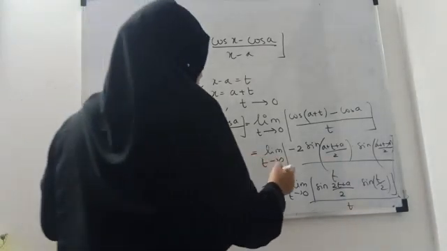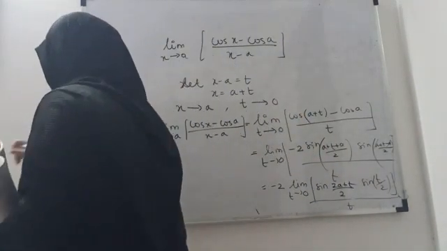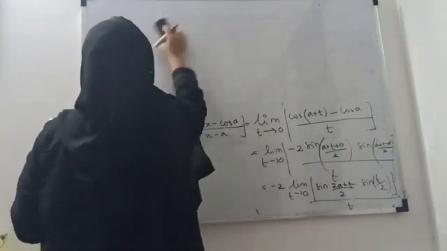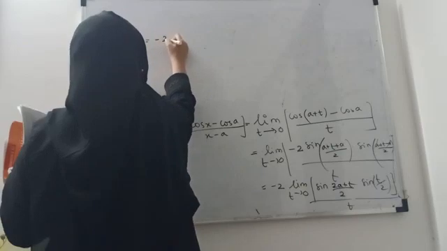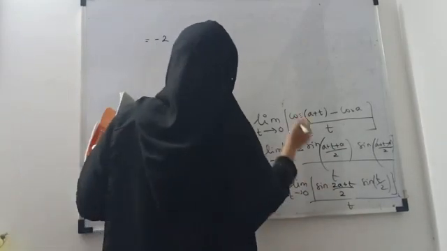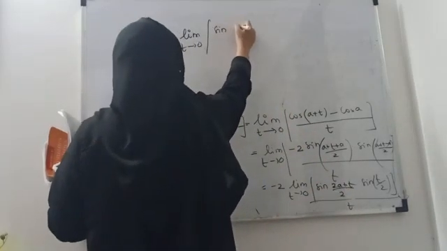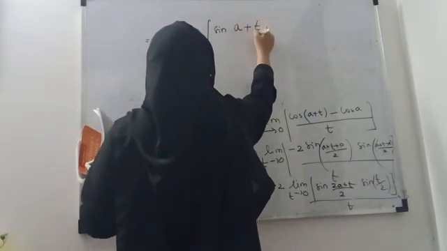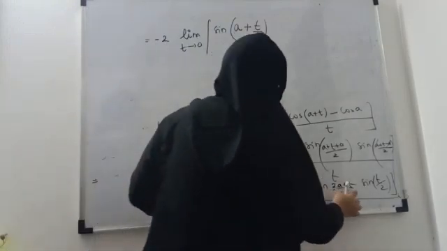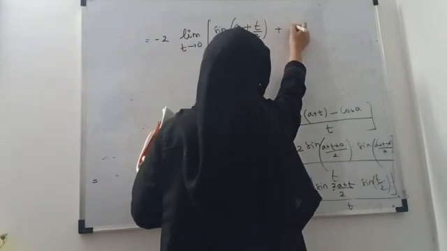Here this is 2a and t. Okay. Now we will simplify it. So this is equal to minus 2 times limit t tends to 0. Now here it is sin, this 2 will get cancelled, a plus t upon 2. Right? If you separate it, then it will be a plus t upon 2, plus sin.